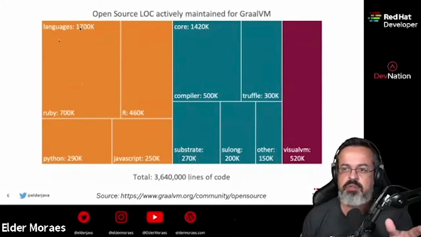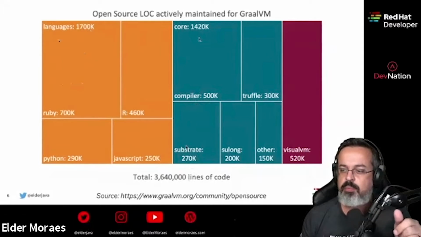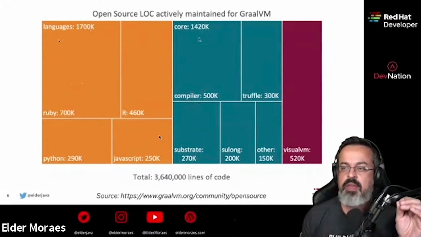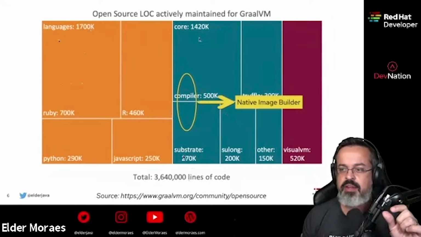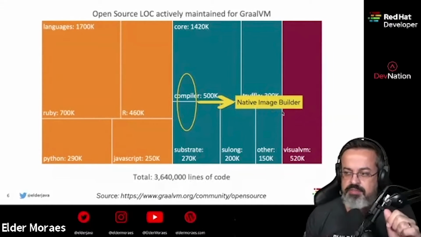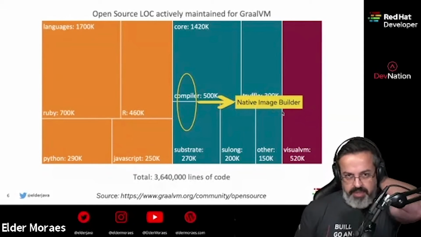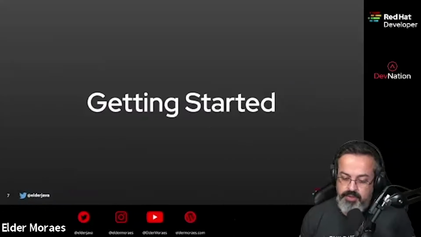So language 1,700, here the core, here the compiler. So a lot of modules, and we will not cover this today. But the native image part is something around here between the compiler and Substrate VM. We have a component called Native Image Builder. So the Native Image Builder is the main actor in our session today, okay?